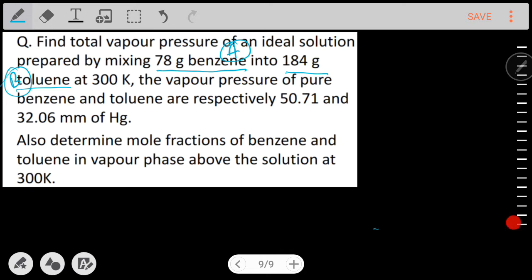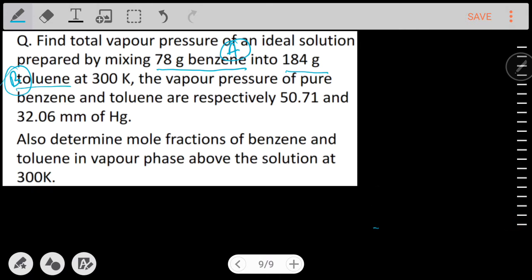The vapor pressure of pure benzene is given here 50.71 mm of Hg, and pure toluene is given 32.06 mm of Hg. So we have to determine first the total vapor pressure of the solution, and after that we have to determine mole fraction of benzene and toluene in the vapor phase above the solution at 300 Kelvin.